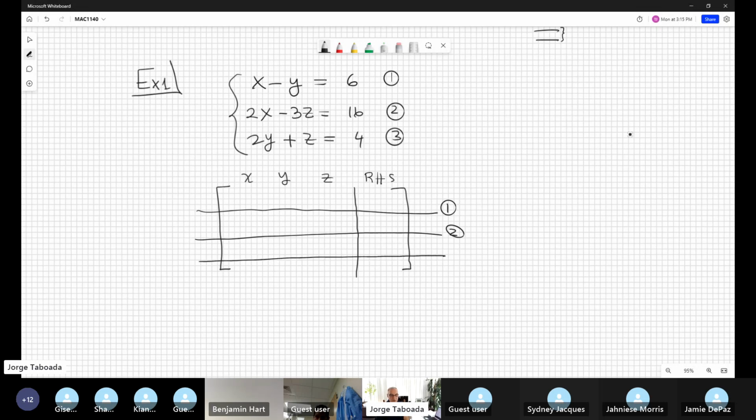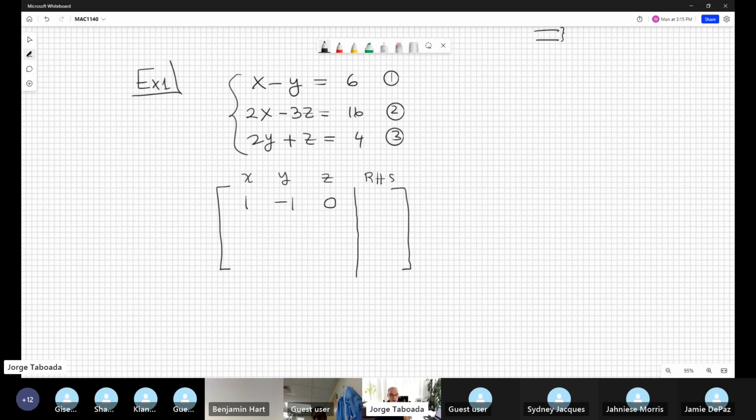So there is always a perfect coincidence between the number of rows of the matrix and the number of equations in the original problem. So it says 1, -1, no z, and 6. This is my first equation expressed in matrix language. The second one is 2, 0, since no y is missing, -3, and 16.